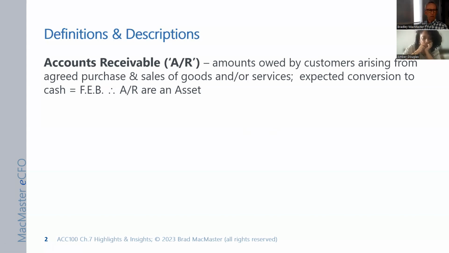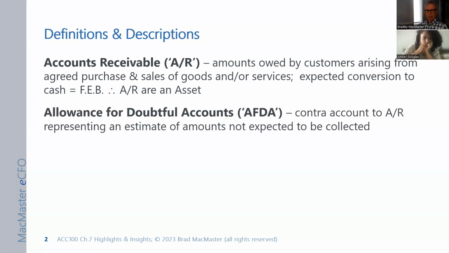So what is the allowance for doubtful accounts all about? We maintain an account that is in the asset section of the balance sheet, and it is called a contra account, which means it goes against the accounts receivable. And we use this account in order not to contaminate the accounts receivable account with estimates of uncollectible amounts.